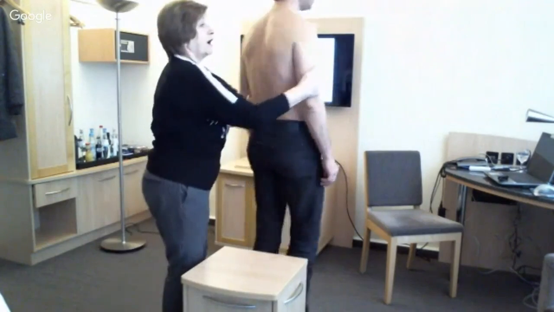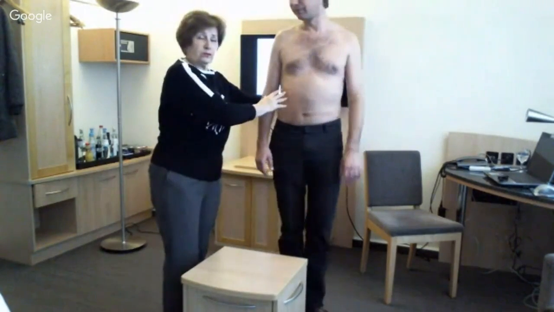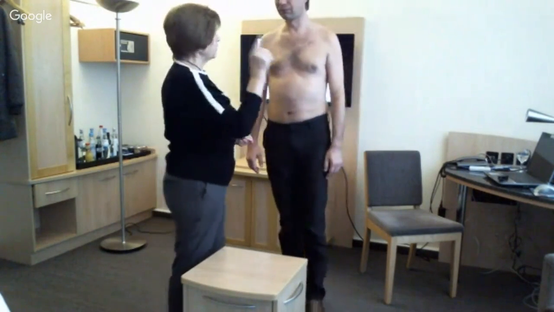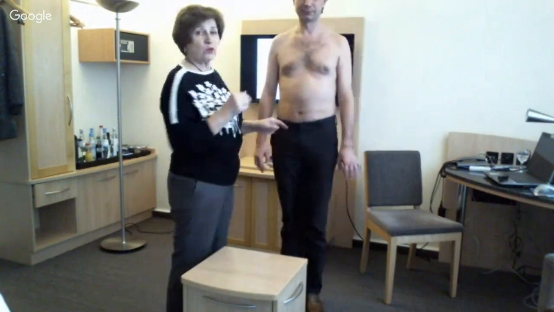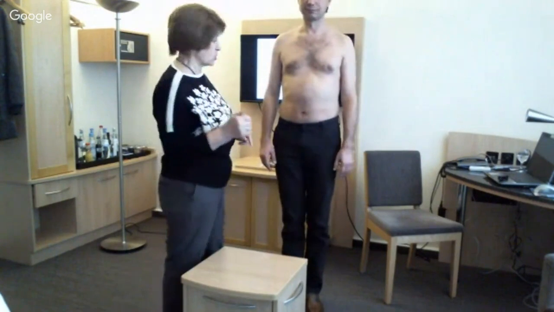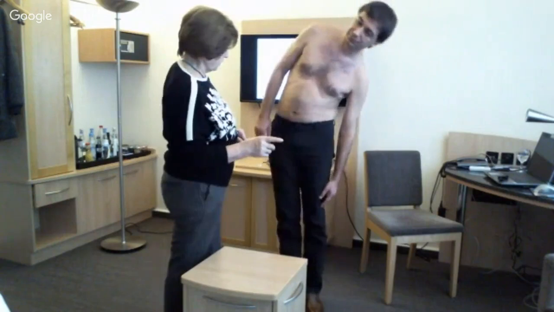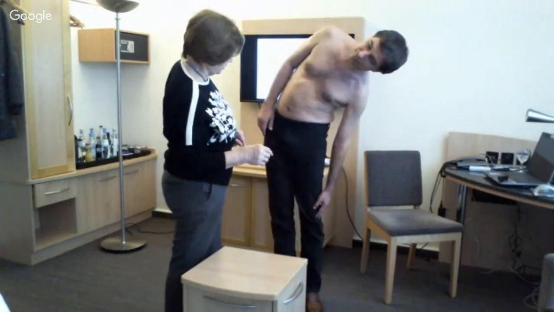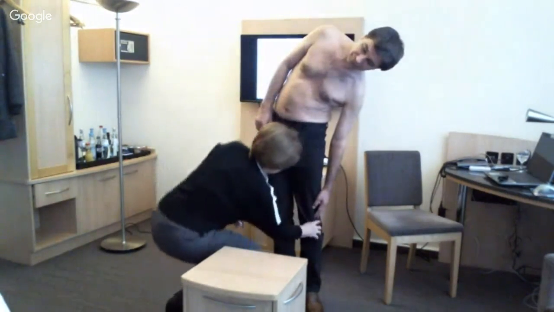Now I'm asking our patient to go to the left, only to the side where the bend was smaller. Bend, bend. And we can see the point which his finger can reach now.